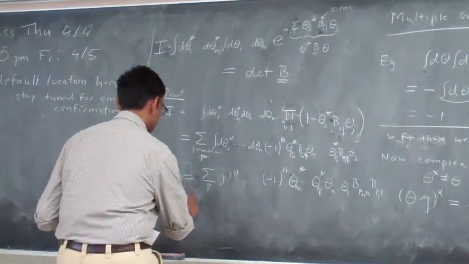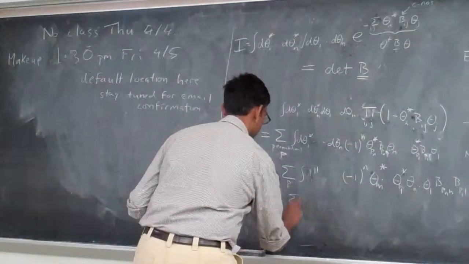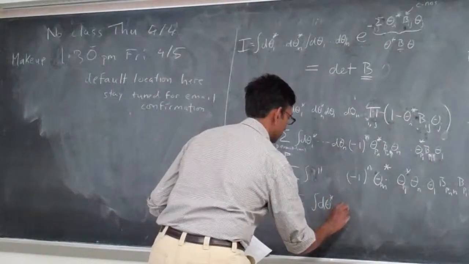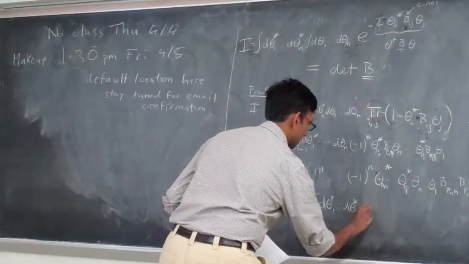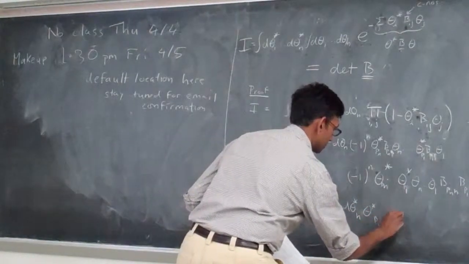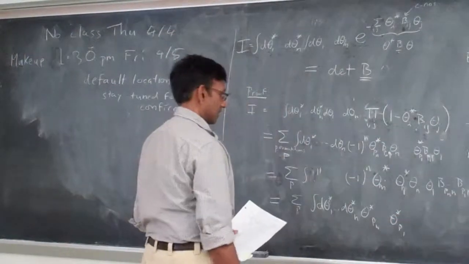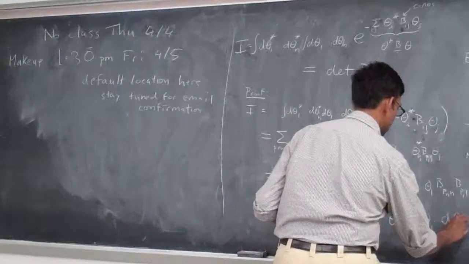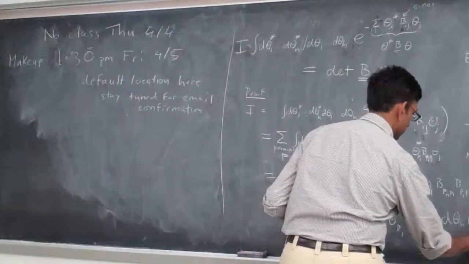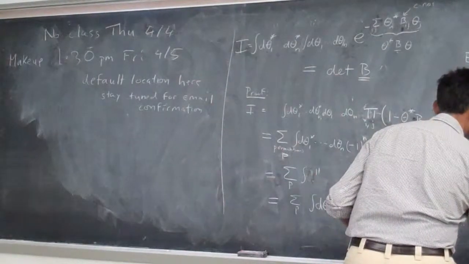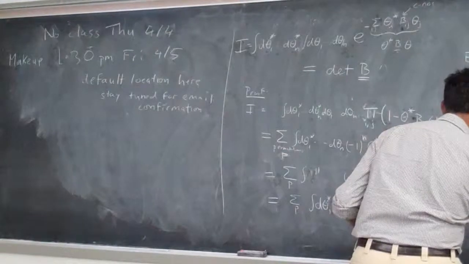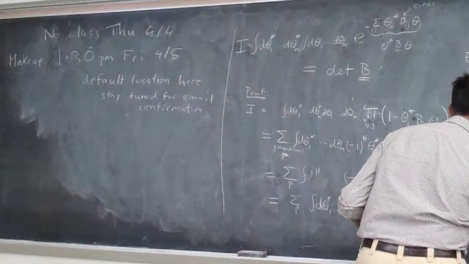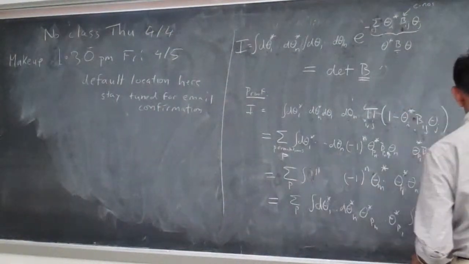So in that sense, I can just drop the -1 and just write integral d theta star 1 to d theta star n and theta star Pn down to theta star P1. And then the integral d theta 1 to d theta n down to theta 1, and then this b P1 n down to b P1 1.